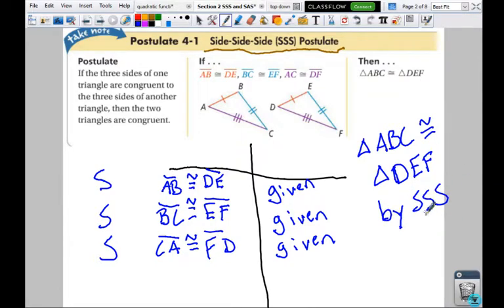And I usually abbreviate it as SSS, just because I don't like writing out the whole thing, because I'm lazy. So you should be lazy too, and not write it all out. Just go SSS. I guess you can write it out for those weird people who like to write. But. So ABC is congruent to DEF by side, side, side. And we need this last piece for it to be completely correct.